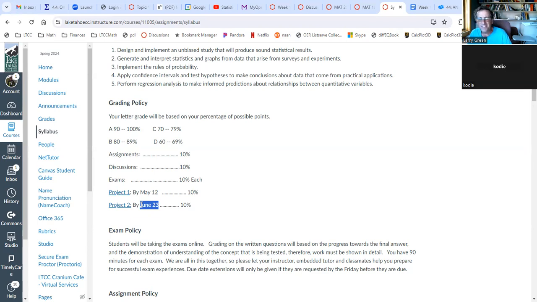So just a few notes about the project that a lot of people make mistakes on. The first is to make sure that the focus of the project should be the hypothesis test and the confidence interval.